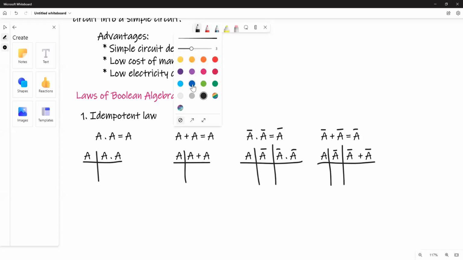Let's look at the answers. We know that here you have only one variable, that is A. So when you have one variable A, the inputs are 0 and 1. So 0 dot 0, that means when you multiply 0 with 0, this is 0. 1 with 1, this is 1.